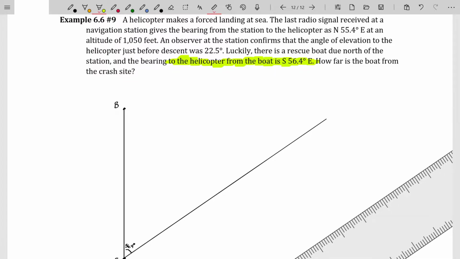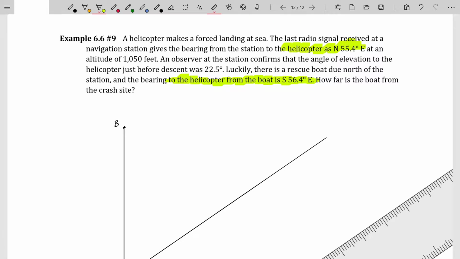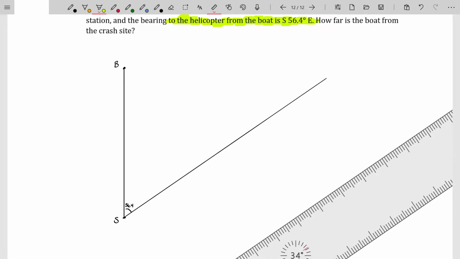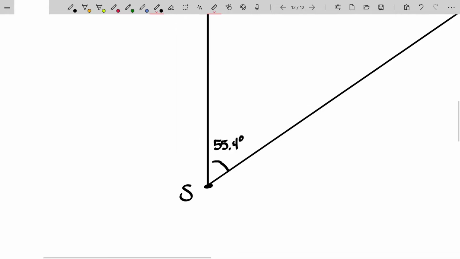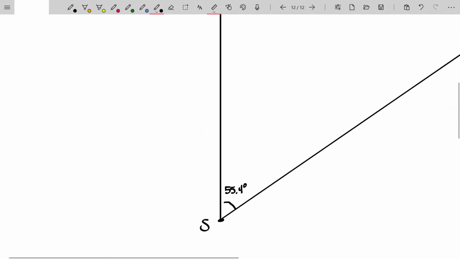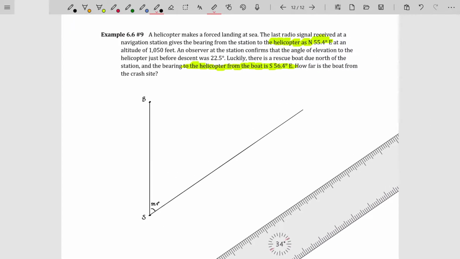Give me a moment, because I should have done this one north by 55.4. So let me just fix this. That's roughly the same anyway, so I'm just calling it 55.4. North, turn 55.4 degrees east. That's what they look at from the station. And now from the boat, it's south by 56.4 degrees east.